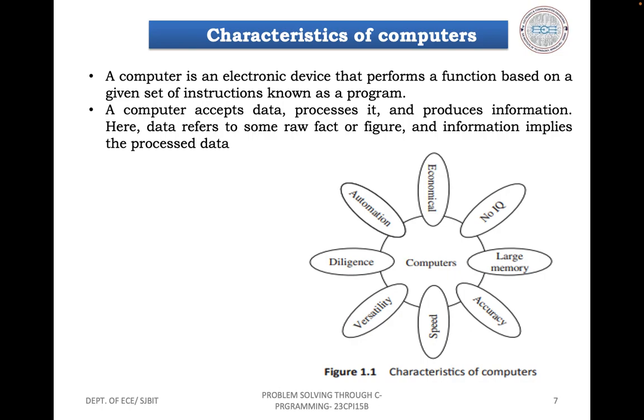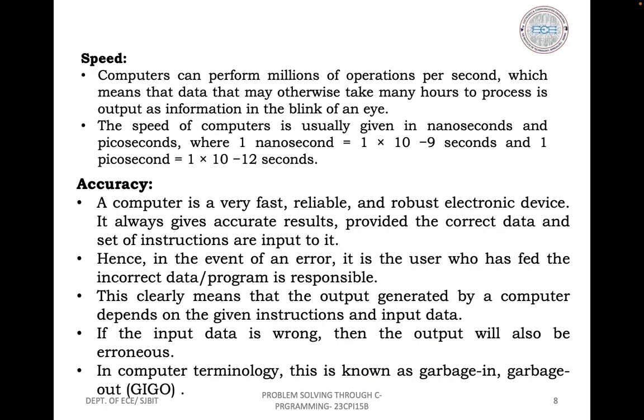So when we are running code, if the computer is of good speed, then we can do the tasks fast, and complete more tasks in very little time. So speed is one of the characteristics of computers. Versatility is also one of the characteristics of a computer. Diligence and automation are also characteristics of computers.